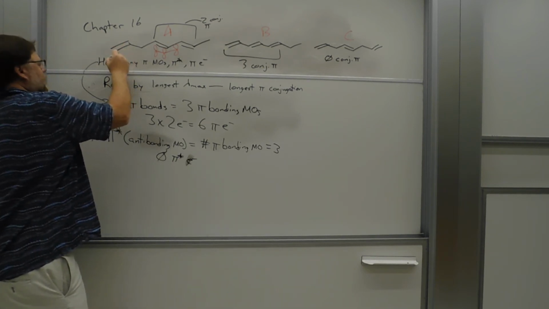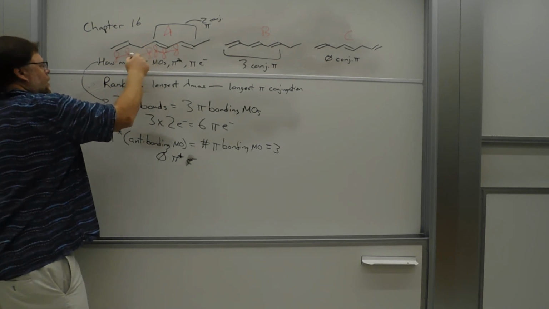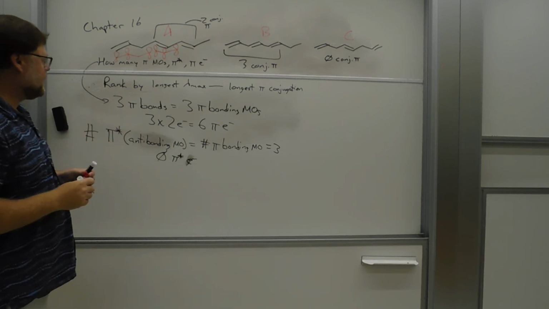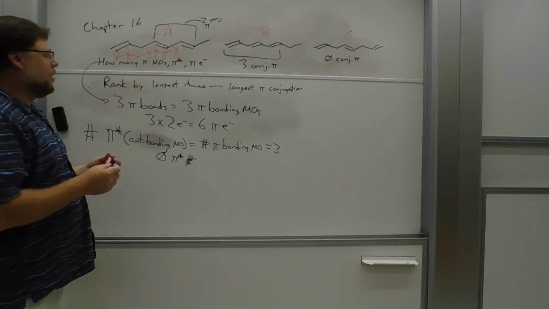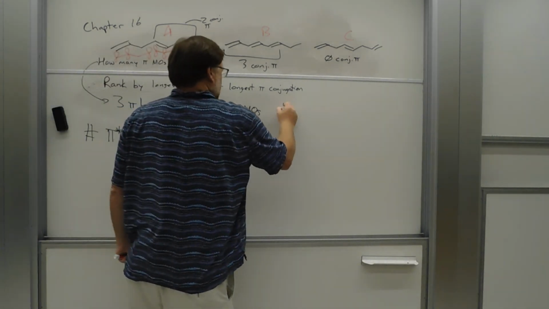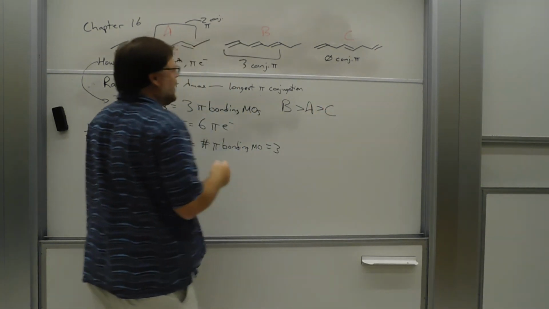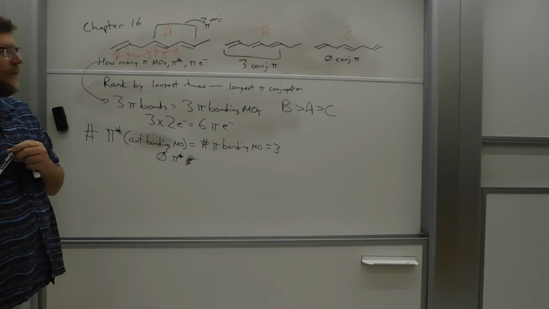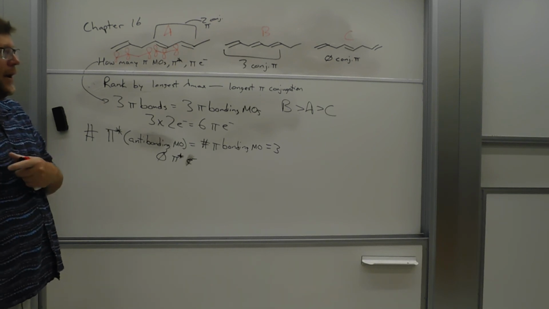We have p, p, no p there, and then p. So these 2 p orbitals don't have overlap to form a pi bond. Okay, so the longest would be B greater than A greater than C. And what that means is B would absorb light farther to the red than A, which would absorb light farther to the red than C.